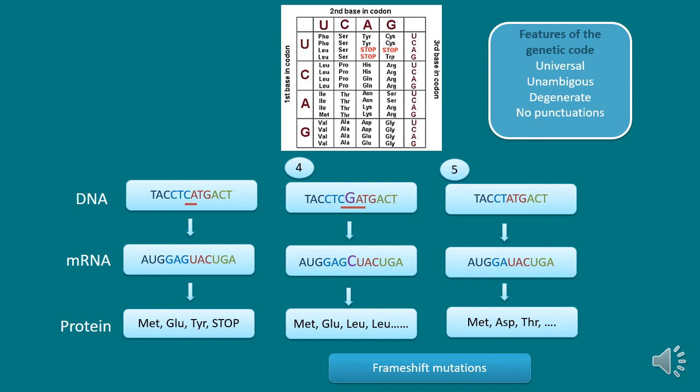Therefore, the amino acid sequence of the protein will be altered, and sometimes the protein synthesis will continue through the stop codon. Sometimes stop codons will appear in the middle and the protein synthesis will be prematurely terminated. This kind of mutation is also called a frame shift mutation because the reading frame is altered from the point of deletion of the base.